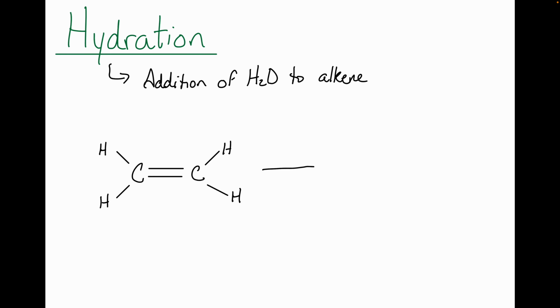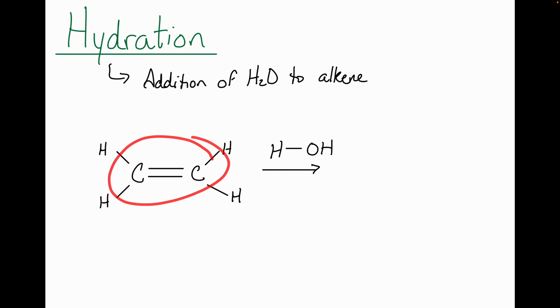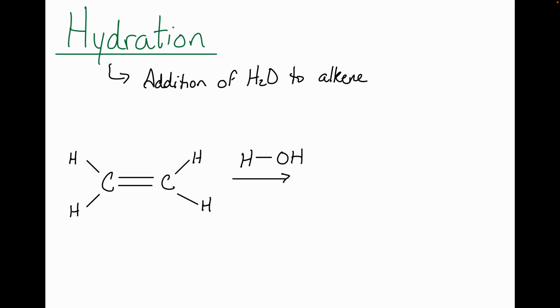All right, and we're going to be adding a water molecule. I'm going to draw HOH to try to give you a hint as to how you're going to add this molecule to your carbon-carbon double bond. But given what we've discussed about addition reactions, everybody take a second and predict what our product will be in a hydration of alkene reaction.